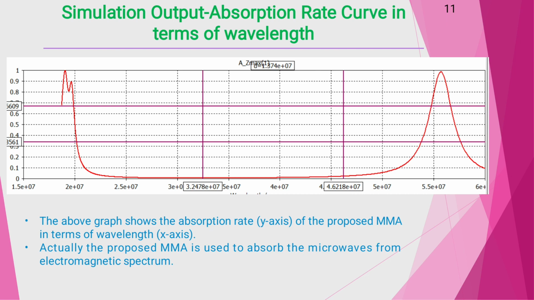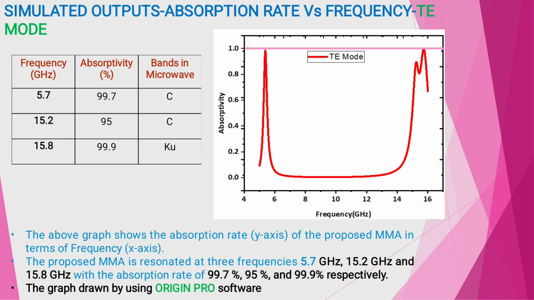Okay, this picture shows the absorption curves in terms of wavelength. We achieved 3 different frequencies, and this picture shows the absorption rate for those 3 frequencies. We achieved nearly 99% for all 3. They are 5.7 gigahertz, 15.2 gigahertz and 15.8 gigahertz, and the corresponding absorption rates are 99.7%, 95% and 99.9%.